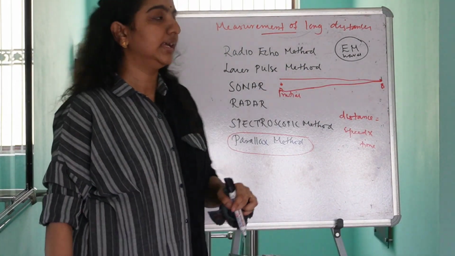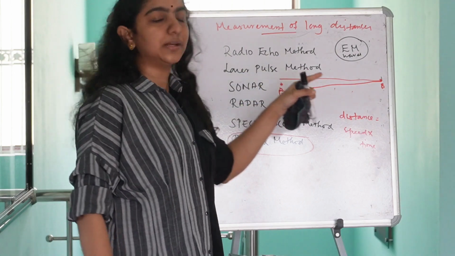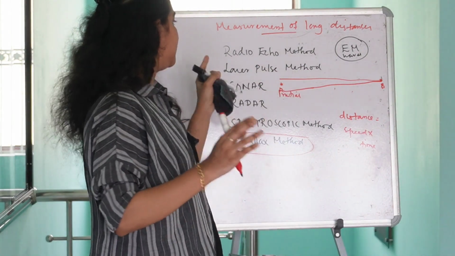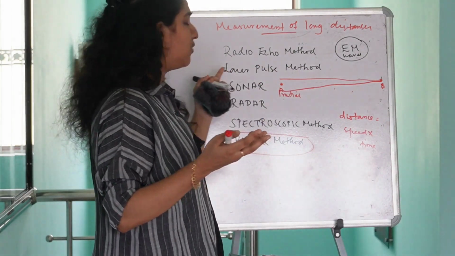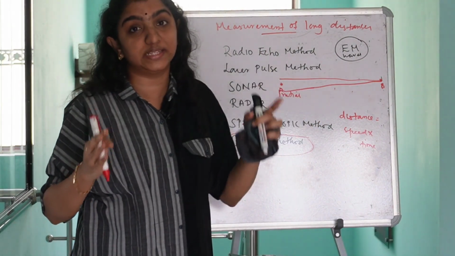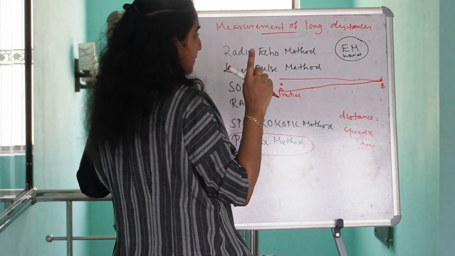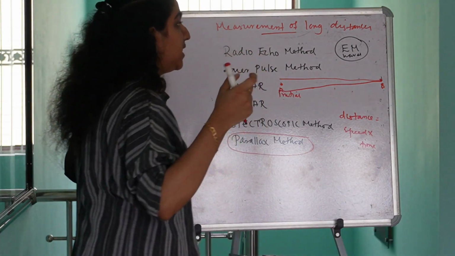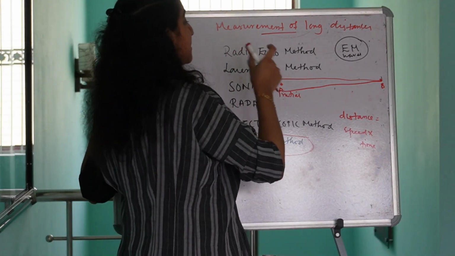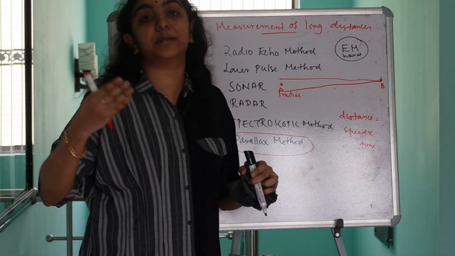Is it clear? Similarly, the procedure of the laser pulse method is one and the same. The only difference is that in the radio echo method we send either sound waves or EM waves, while in the laser pulse method we send laser pulses.